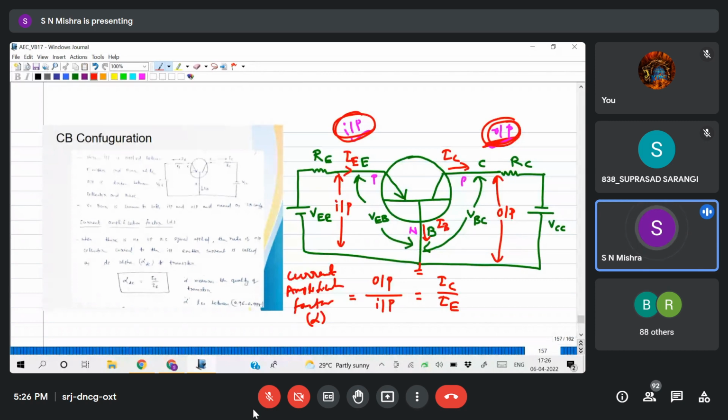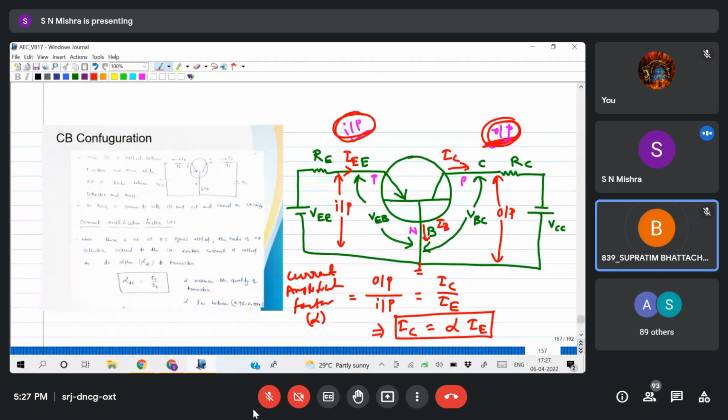Okay, and if I cross multiply, what will I get? IC equals alpha IE. Yes or no? Yes, sir. So this is the alpha which I explained at the start of the class.